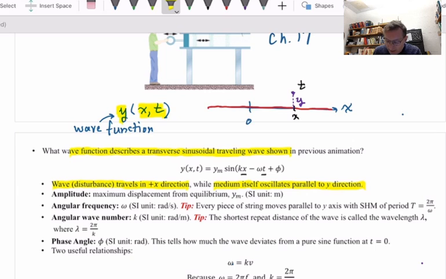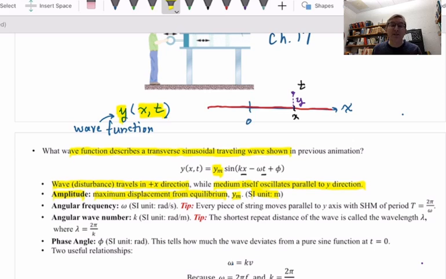First term, the amplitude of the wave. That's the maximum displacement from equilibrium. That's the y max symbol out front, and the SI unit is meter. That's this right here. That's the maximum y displacement of any piece of string, and it's called the amplitude of the wave.